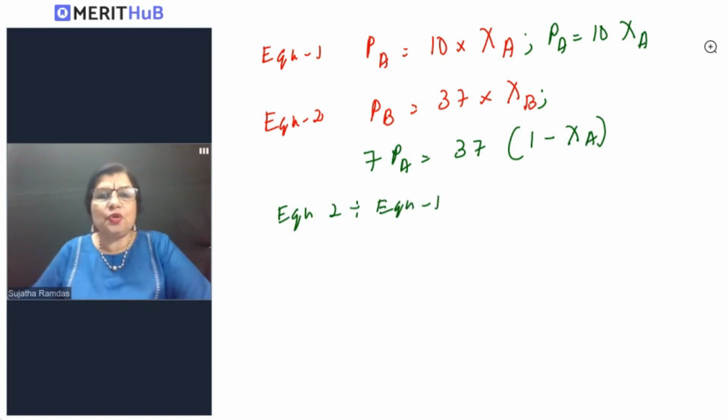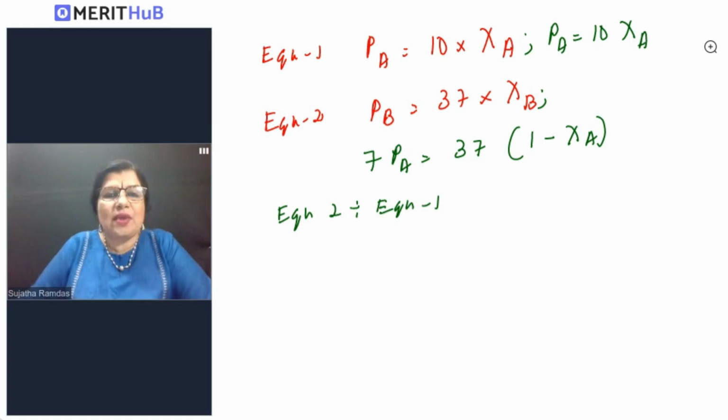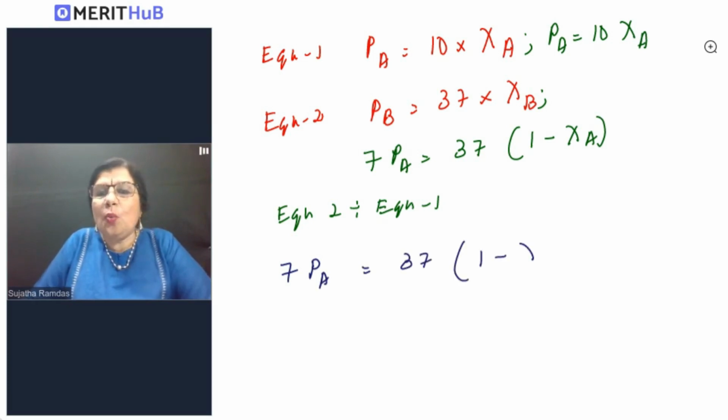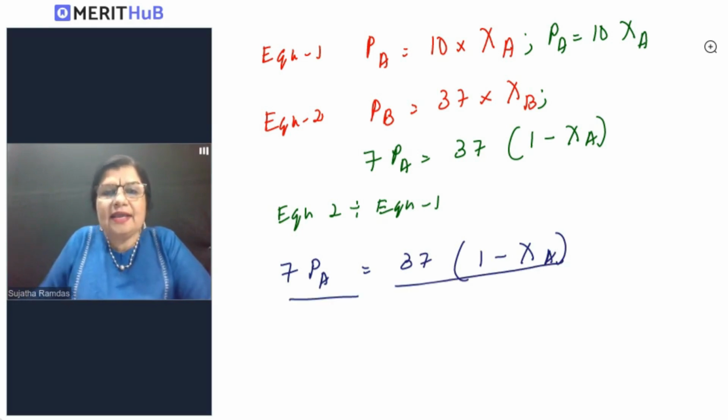So now what do we get? When we divide the two equations, we get 7 PA is equal to 37 into 1 minus mole fraction of A divided by PA equal to 10 into mole fraction of A.